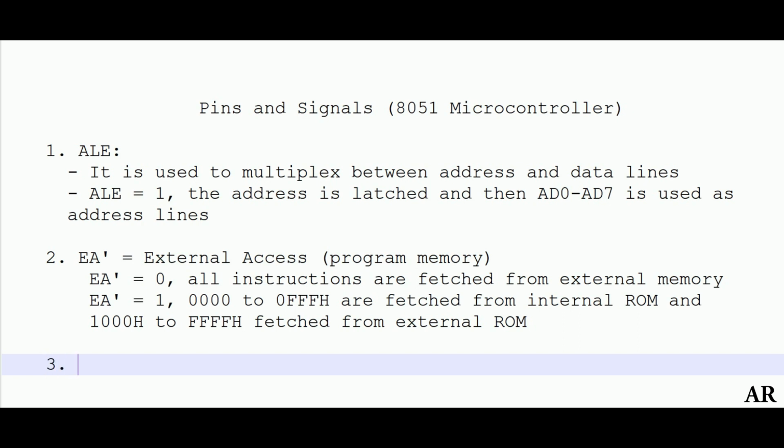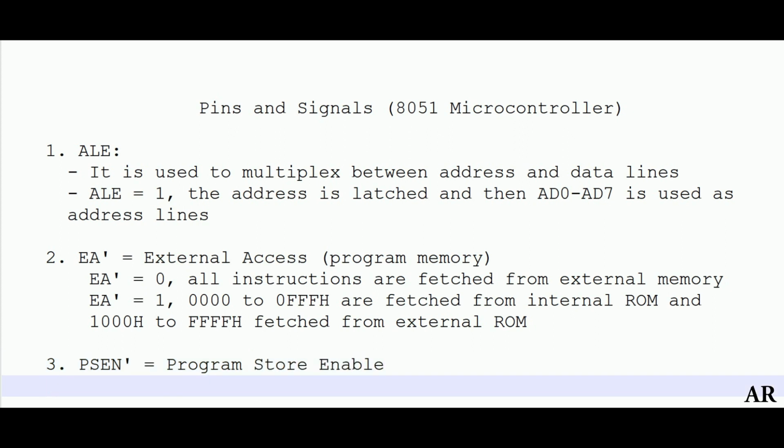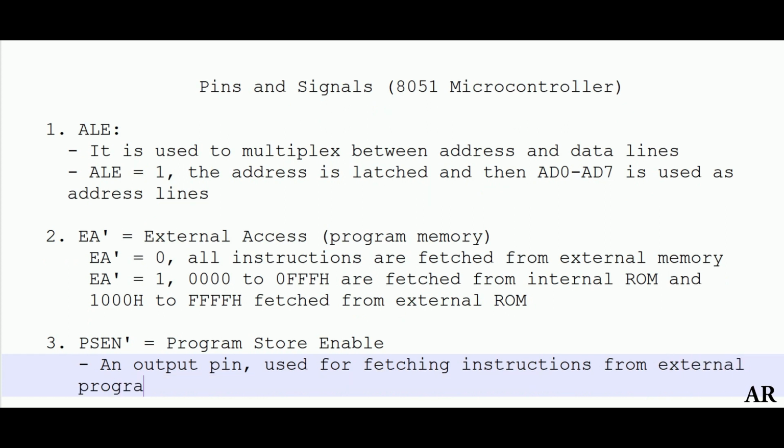Now moving to the next signal, which is your PSEN bar. PSEN bar stands for program store enable. Now what does the signal mean? It is an output pin, first of all, and it is used for fetching instructions from external program memory.